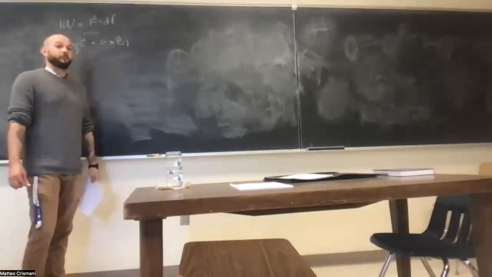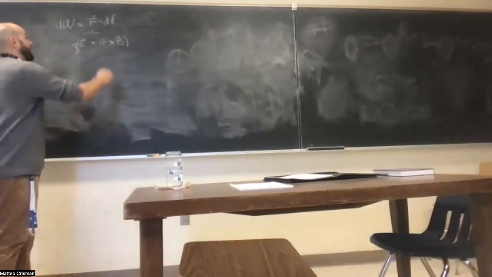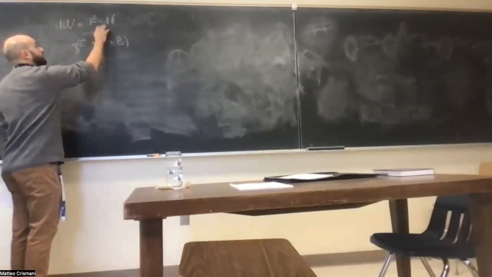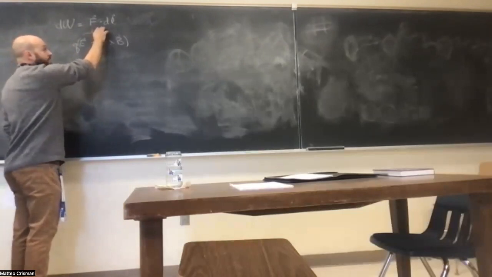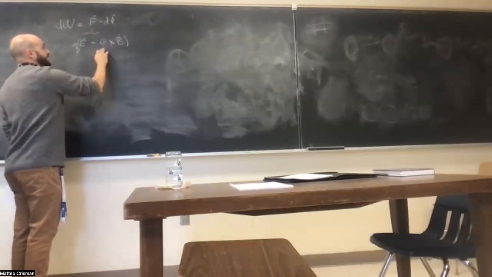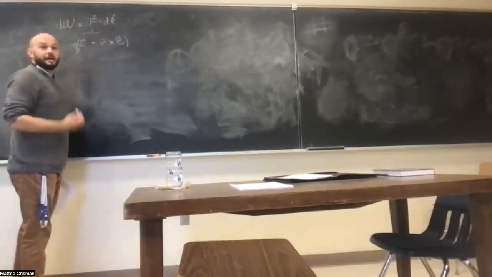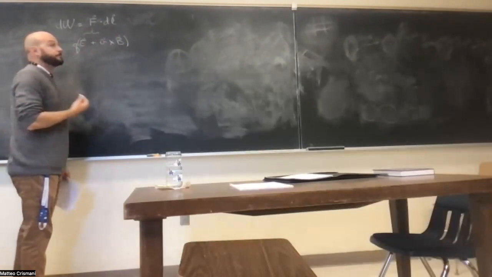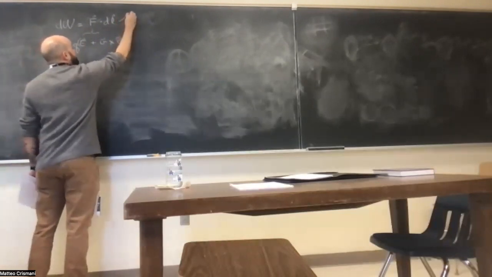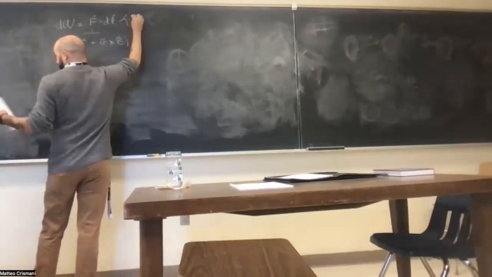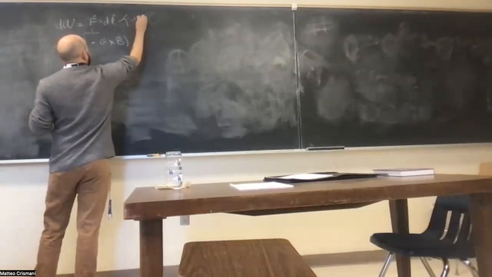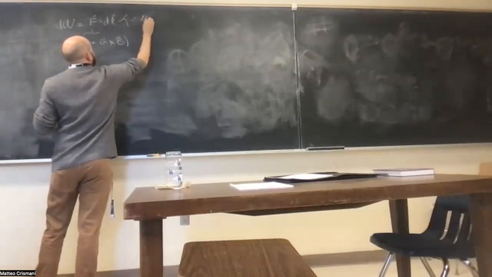Right. And this is helpful because we're going to use the fact that these two things are a dot product. So if I take the dot product of this and I'm crossing with the same object, boom, I'm going to get rid of terms. I love getting rid of terms. Right? Okay, so I'm going to take this thing here and I'm going to say that it really is v dt.